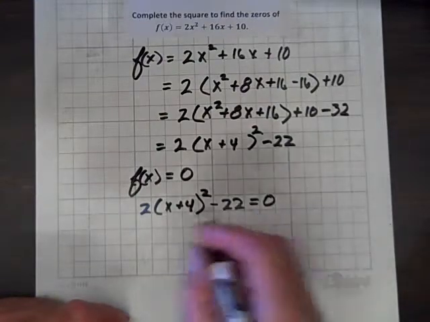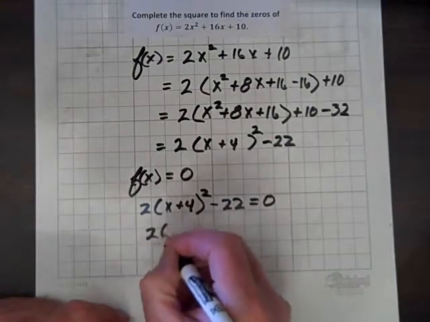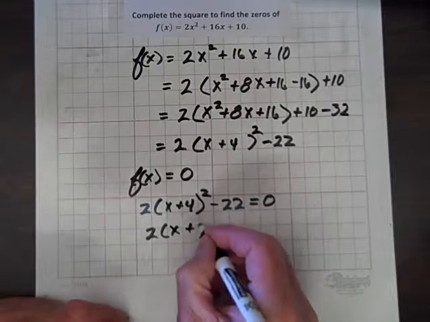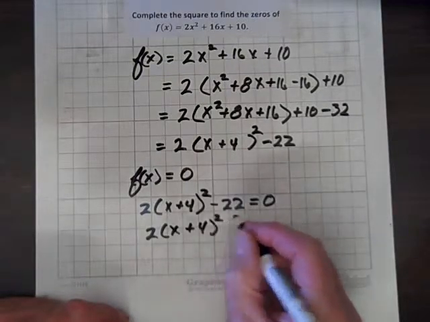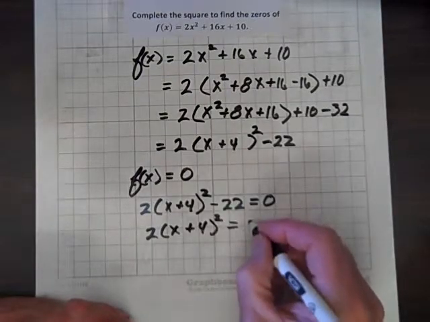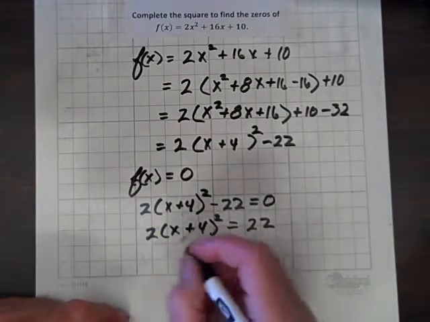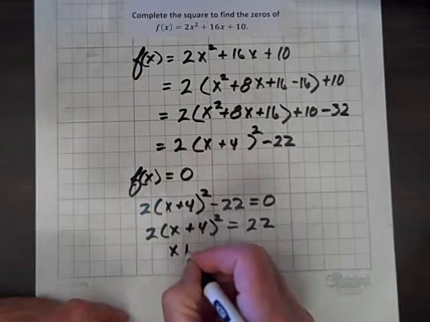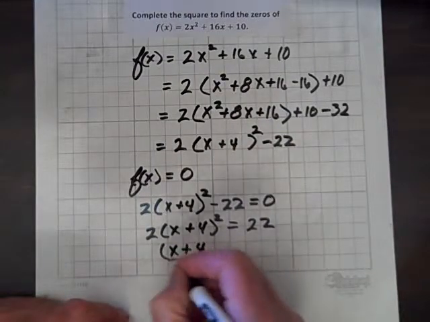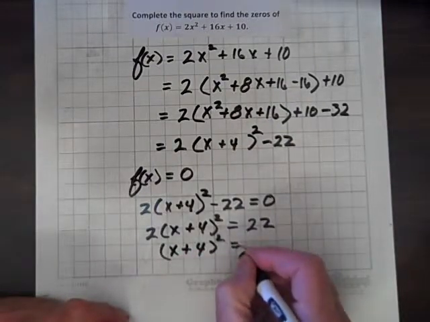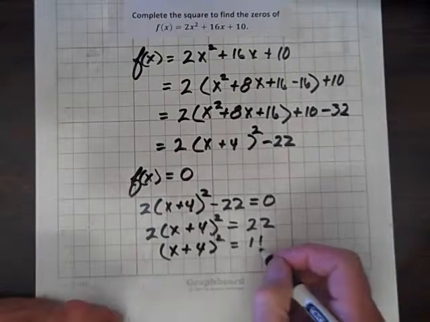Well, we'll add 22 to both sides, so 2 times x plus 4 quantity squared equals 22. Dividing through by 2, we get x plus 4 quantity squared equals 11.